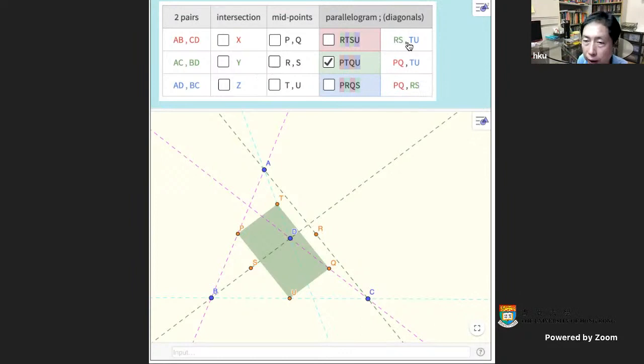And now you will find that the diagonals are interrelated, because any 2 of these parallelograms always share one of these diagonals. For example, these 2 will share the same diagonal PQ.